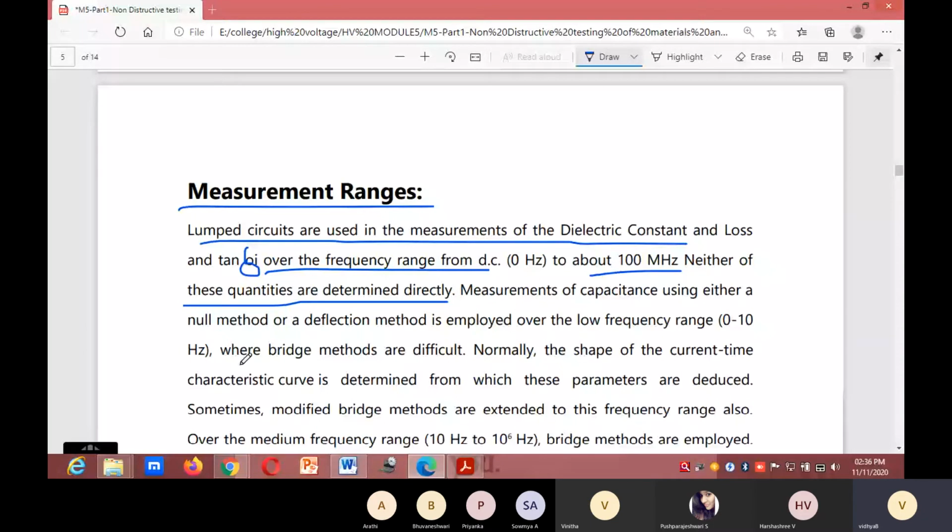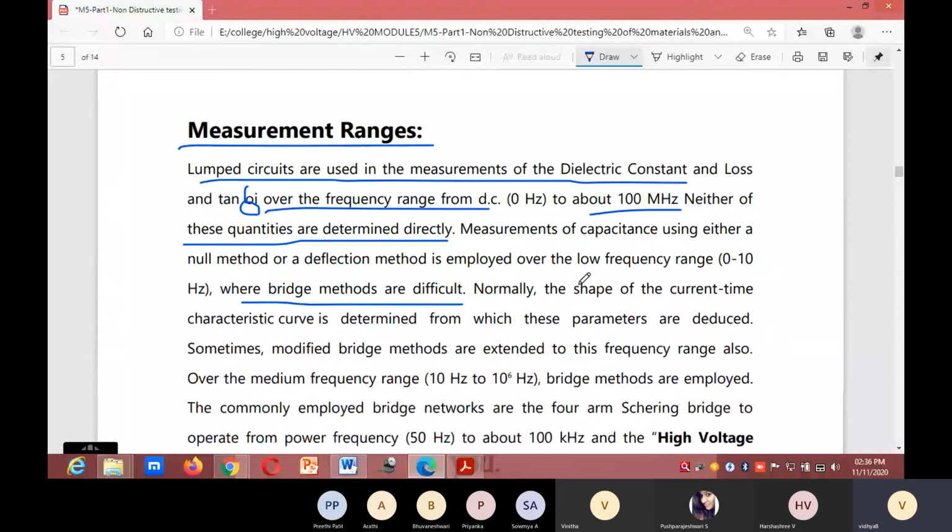The shape of the current time characteristic curve is determined, from which these parameters are deduced.